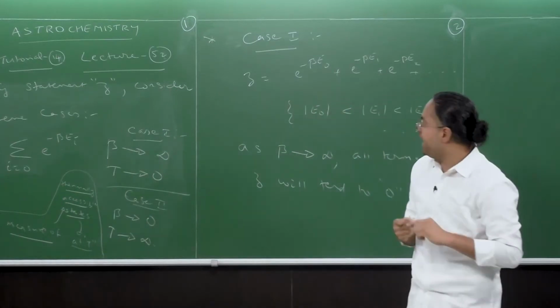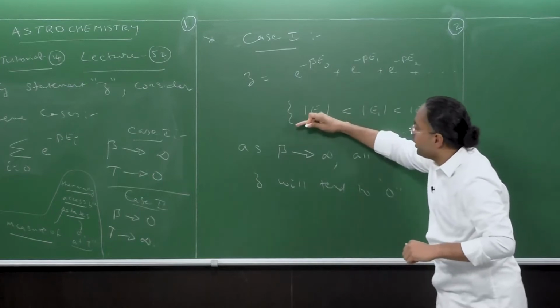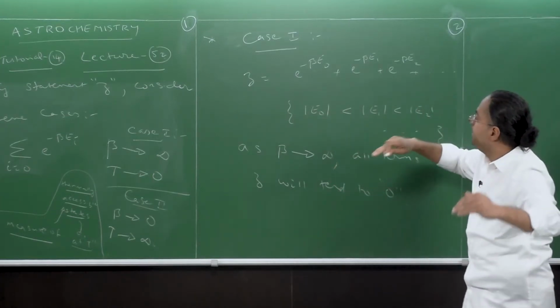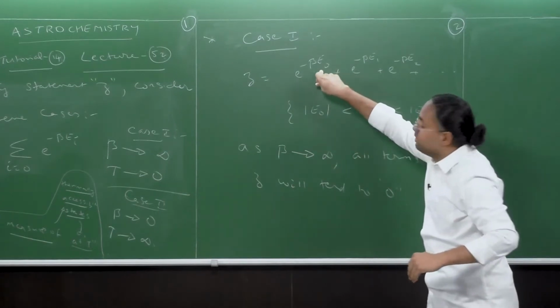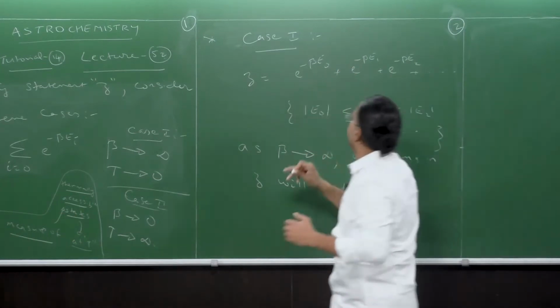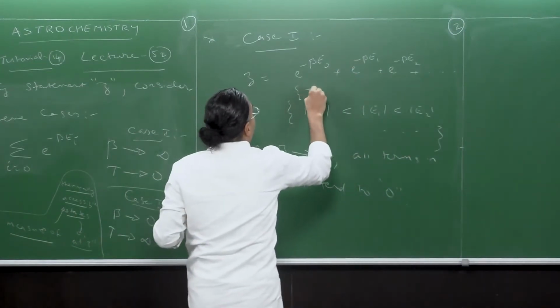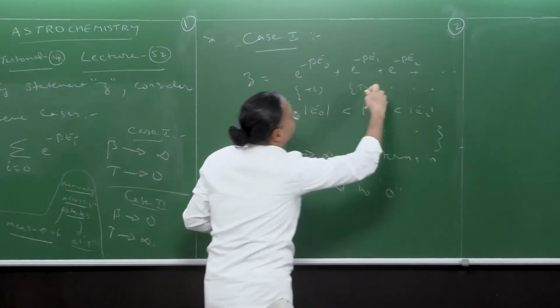Because my E naught is the lowest value of the energy, this first term, let me call it T1, then T2, T3, and so on.